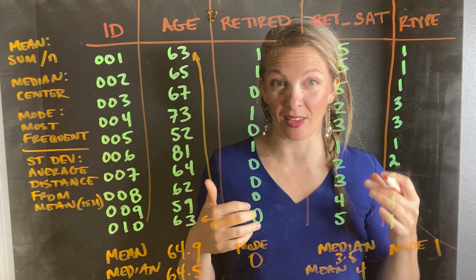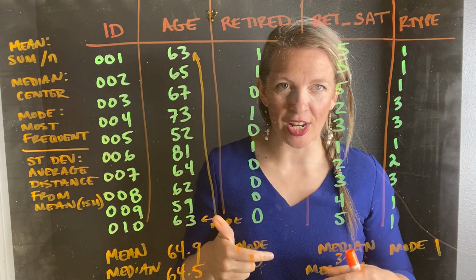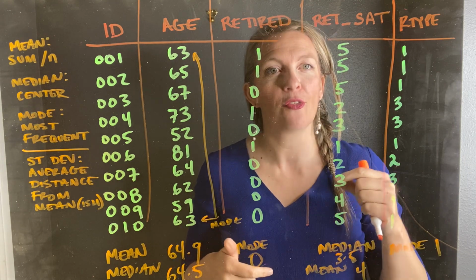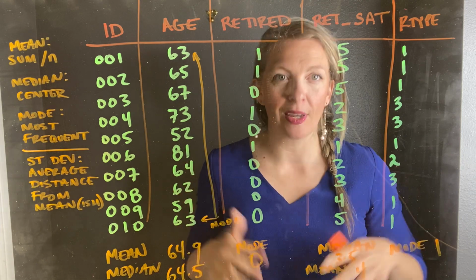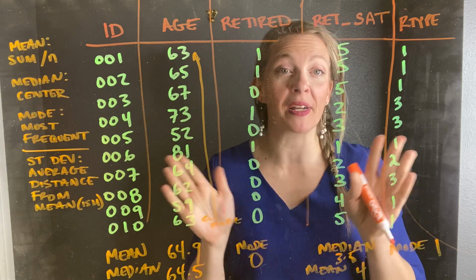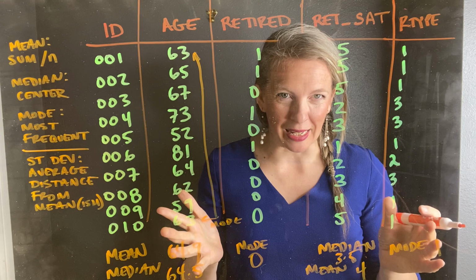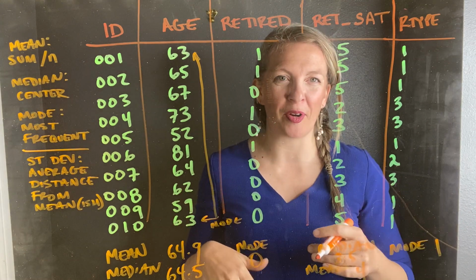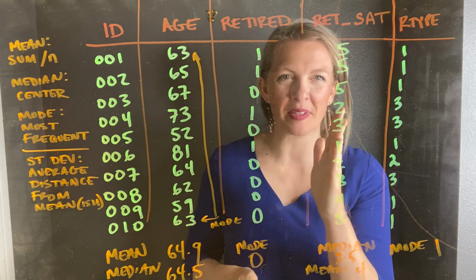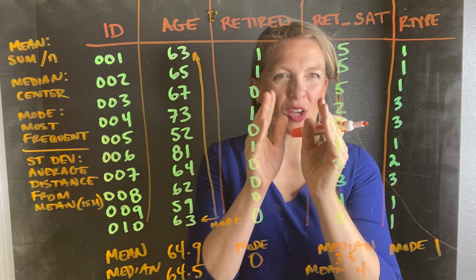There's another statistic that's helpful for interval level data, and that is the standard deviation. And I like to think of the standard deviation as the average distance from the mean-ish. The math works out so it's not actually an average distance from the mean, but it's close and the meaning is very similar. So what does that mean? Well, one of the questions we might have about our data is, I know that the middle of the data is right around 64, 65, but are the ages close to that?